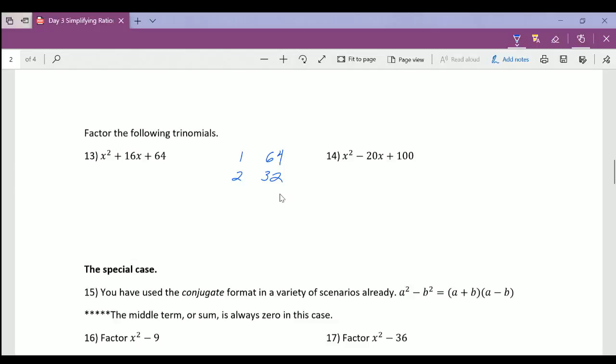3 does not go into 64, so we'll skip that one. 4 does, that's 16 times. 5 does not go into 64. 64 divided by 6 doesn't come out evenly. 64 divided by 7 doesn't come out evenly.